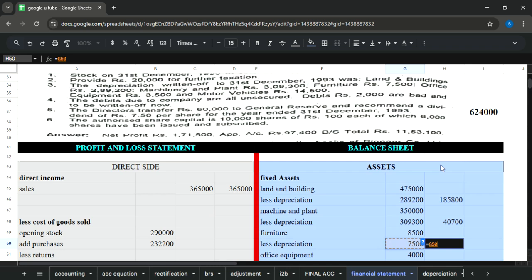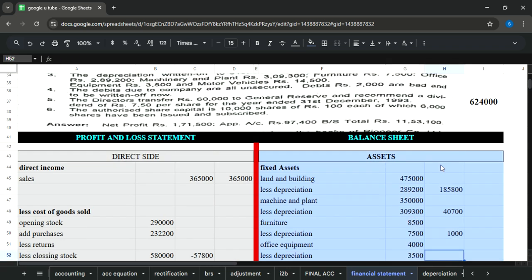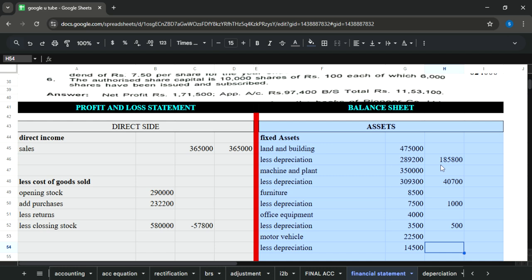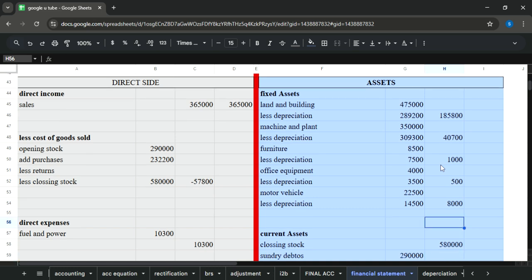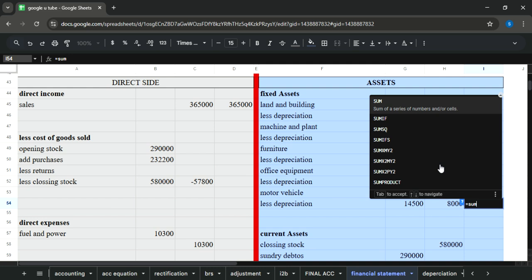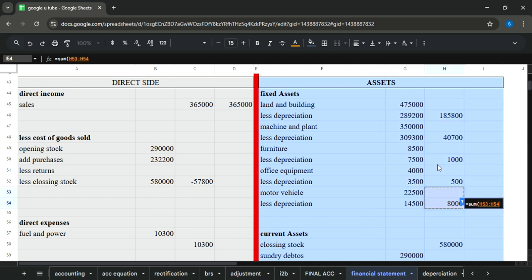After that, furniture subtract its depreciation. Office equipment less depreciation. Motor vehicle less its depreciation. So no other fixed asset is present. So let's take sum of all fixed assets. That has been completed.